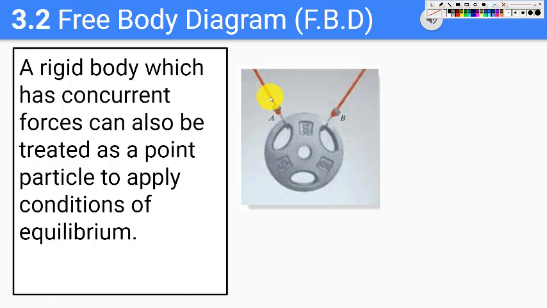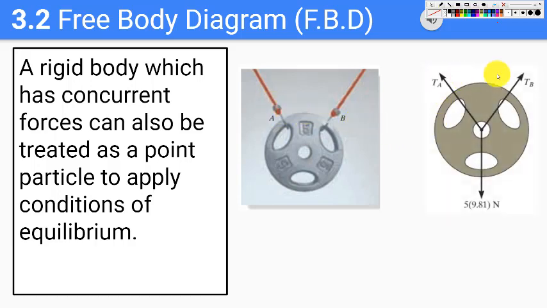But as we see, all these three forces are concurrent, which means that they all trace back to a single point. So now I can just assume that this whole body is not a body which has a definite volume. We can just assume that this is a particle. The reason for this would become more clear as we study the next chapter, inshallah.